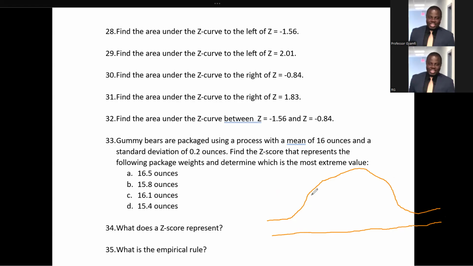So, area to the right of 1.83. So this is the mean, the middle value 0. So 1.83, I'm going to put that somewhere here.